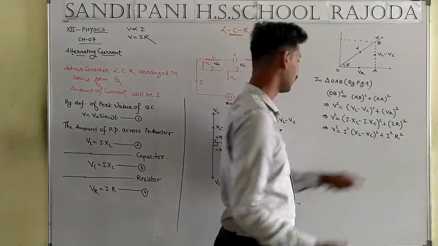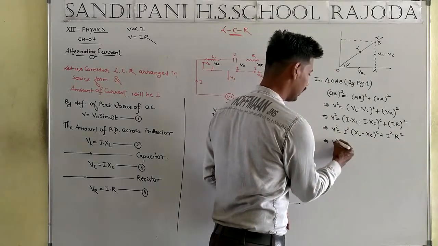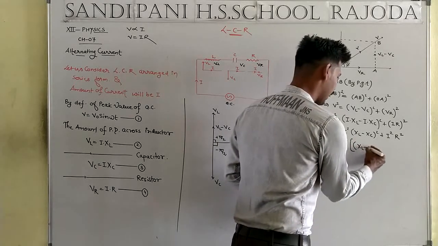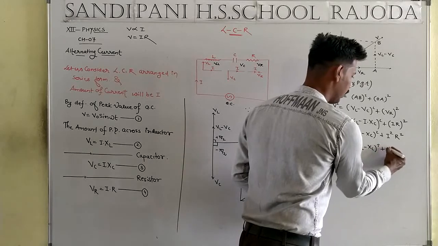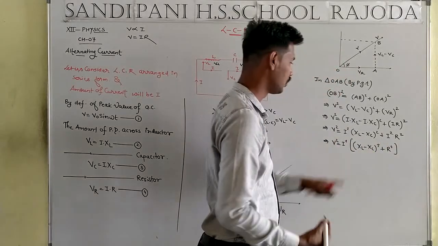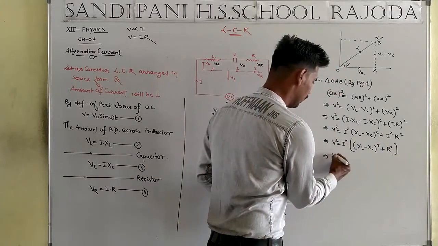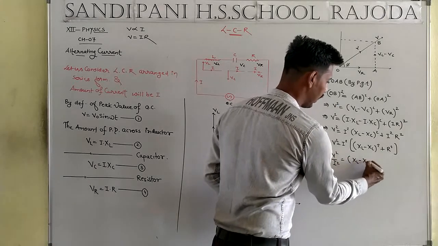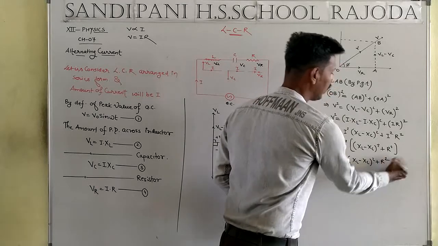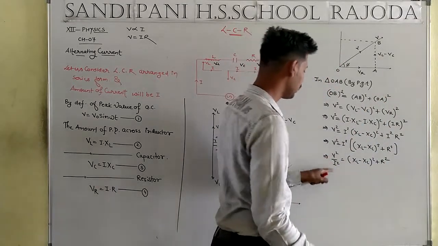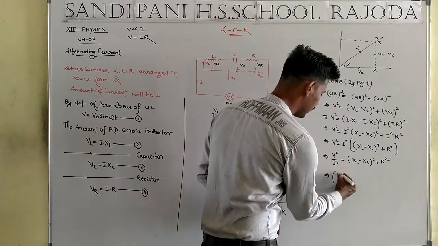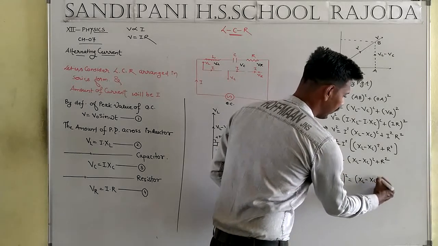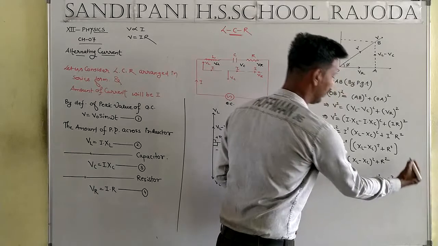I square is the largest common factor between the terms, so finally we get I square times (XL minus XC) whole square plus R square. Numerator square and denominator square, that means a whole square. So the final term is XL minus XC and R square.